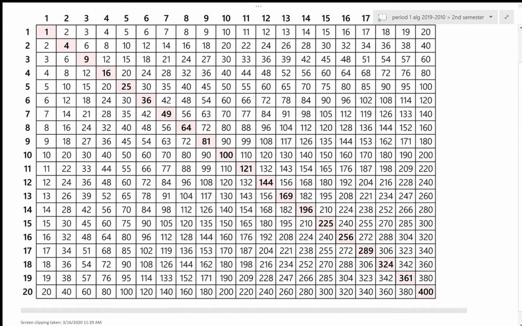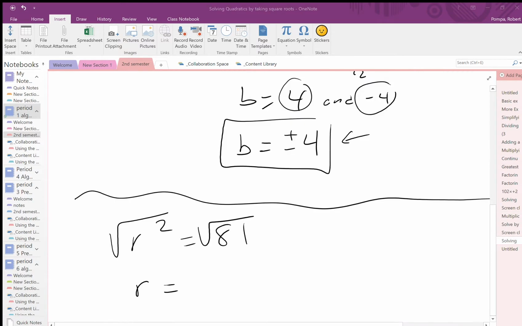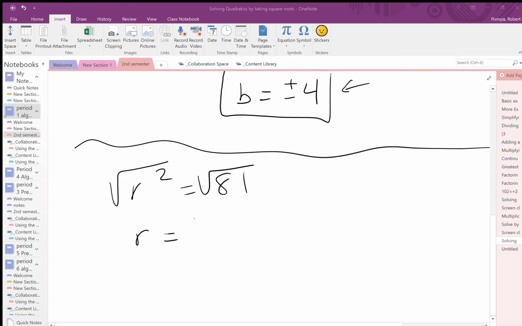See all these numbers right here? Those are your square roots. So for example, 81's right here, which is 9 times 9. So I know that my answer for this one will be 9. And then don't forget the positive negative.